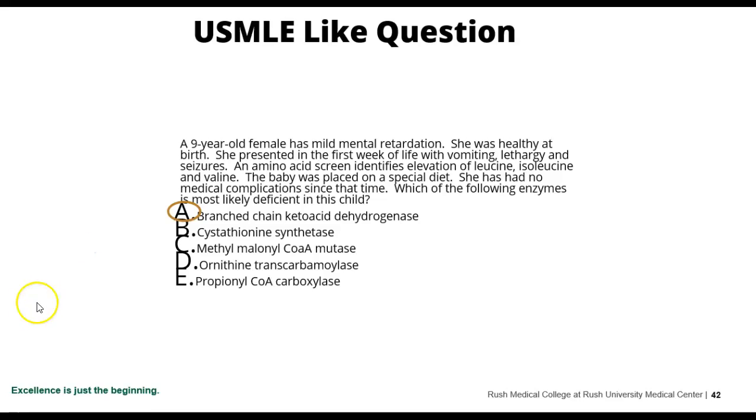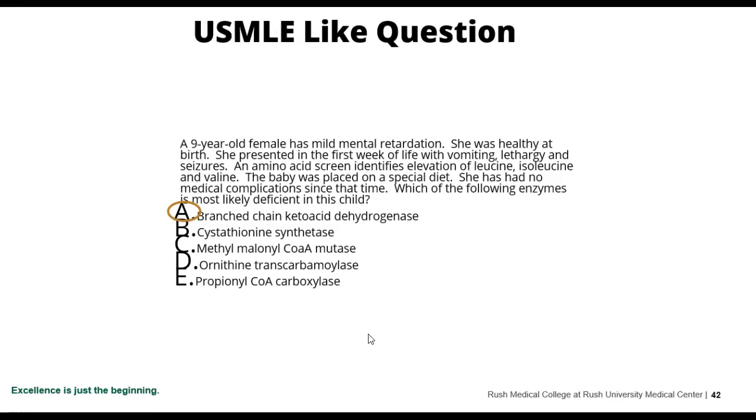Both of these were taken from board-like questions, and these are the kind of metabolic questions that they ask. The reason I'm going through all this is a lot of these clinical presentations will help you get to the right answer and also reassure you that you're at the right answer.